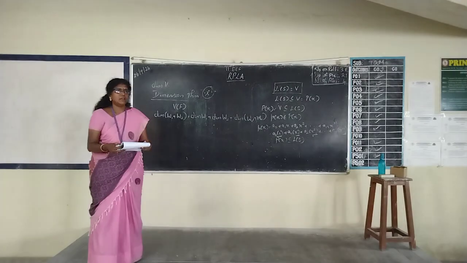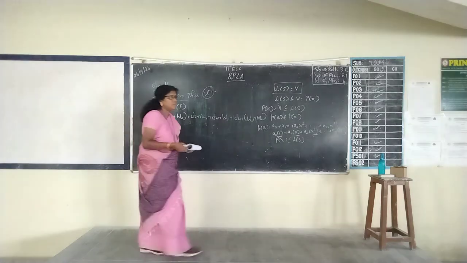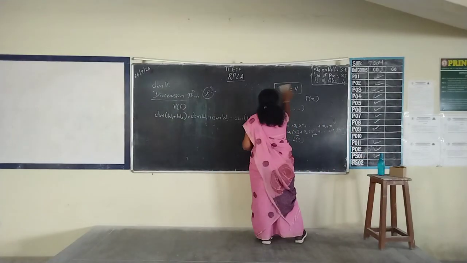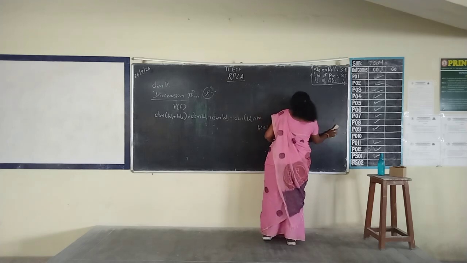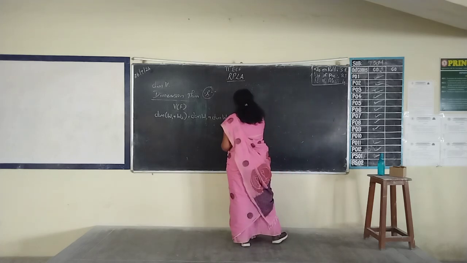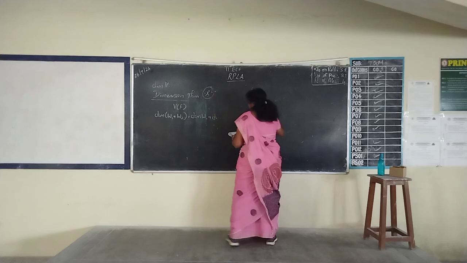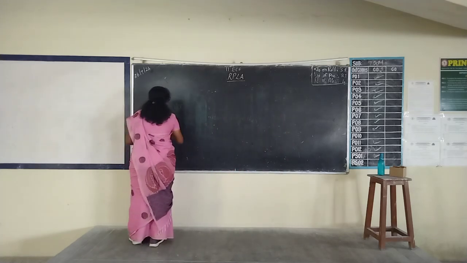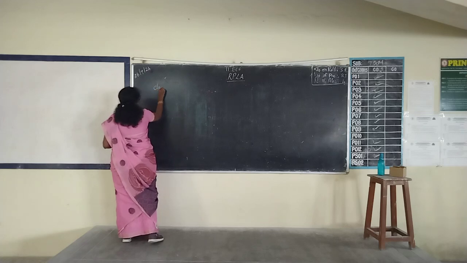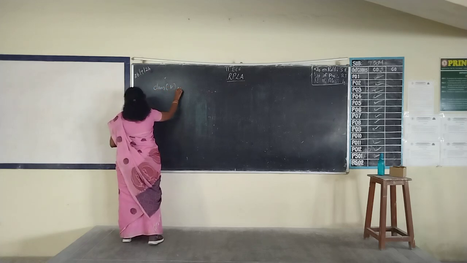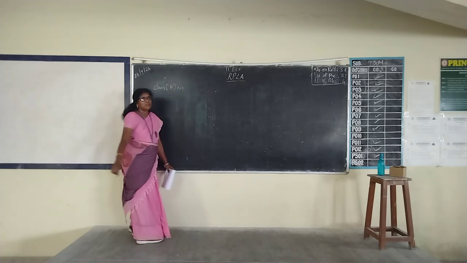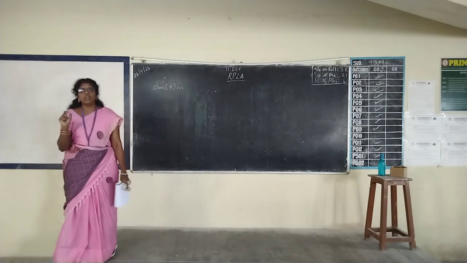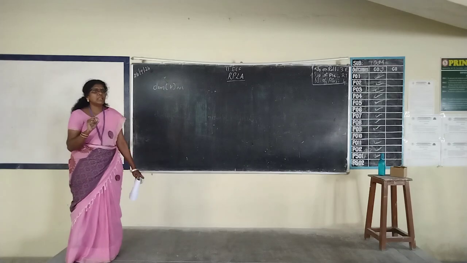Note. Let V be a vector space with dimension of V equal to n. So what is the assumption we have said here? Dimension of V equal to n. Then a basis will contain how many elements?